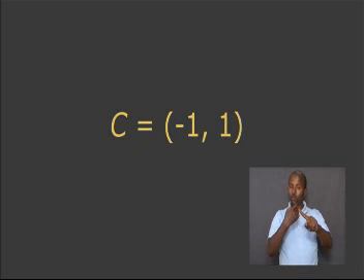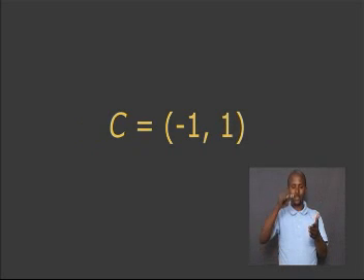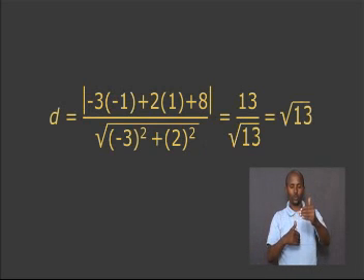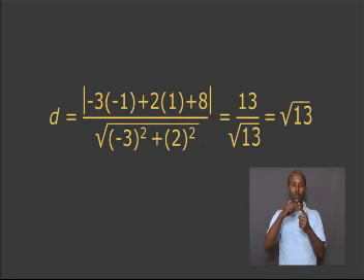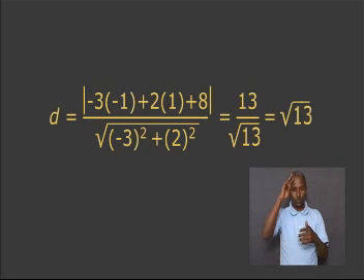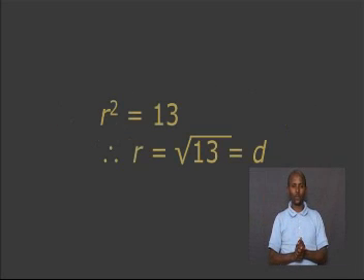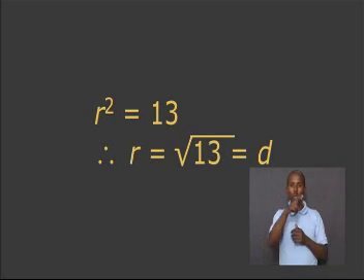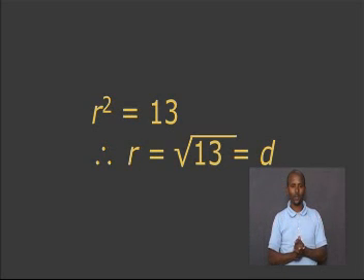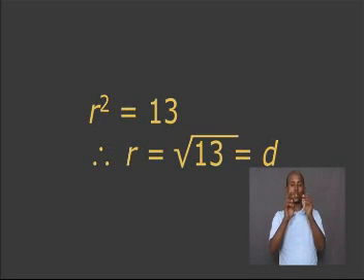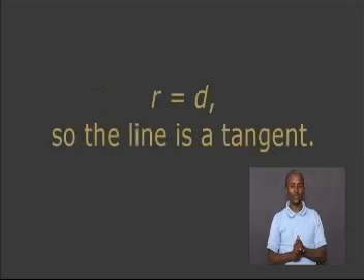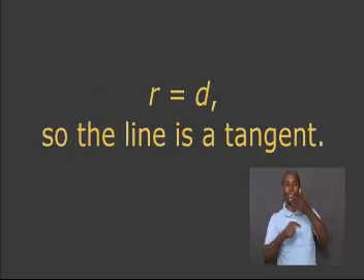From the circle equation, we determine the center to be (negative 1, 1). We substitute these values into the distance formula, and the result is the square root of 13. From the circle equation, we know that r squared equals 13. r equals the square root of 13, which equals d. The line is a tangent to the circle.